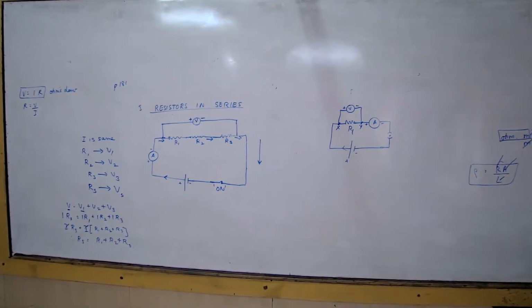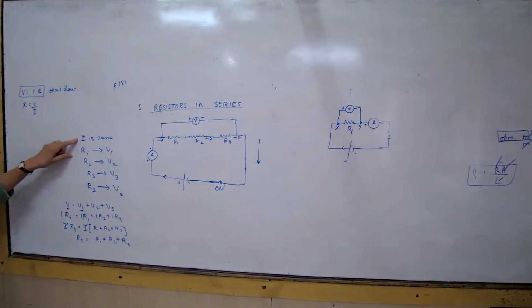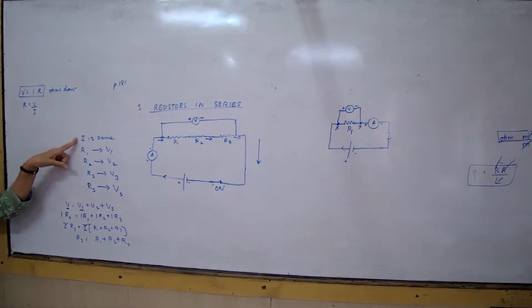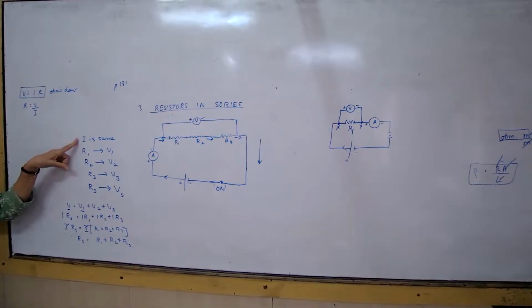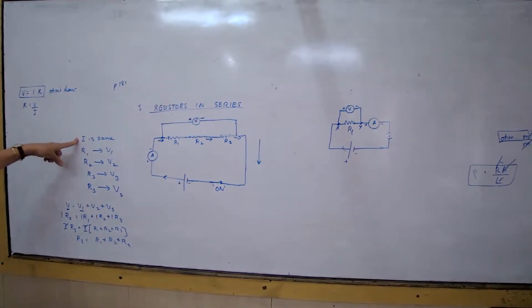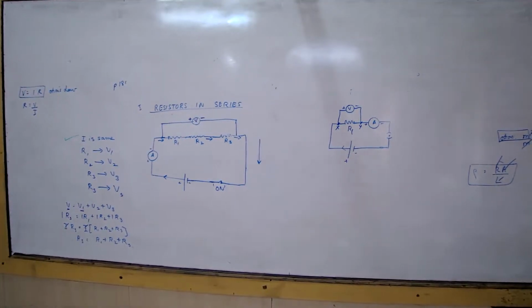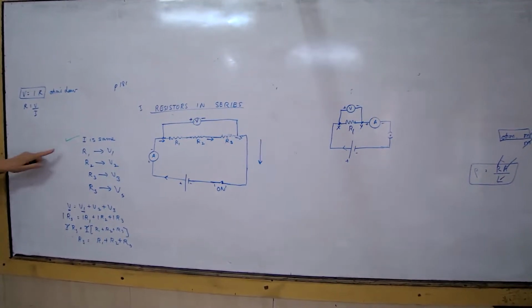Okay. Now, write down the important points. Ready? First point, current is the same through all the resistors in series.